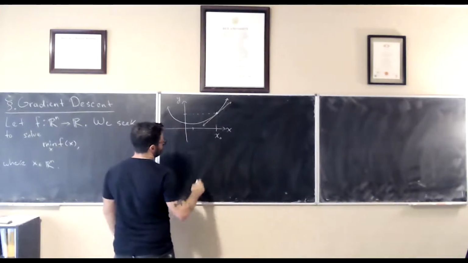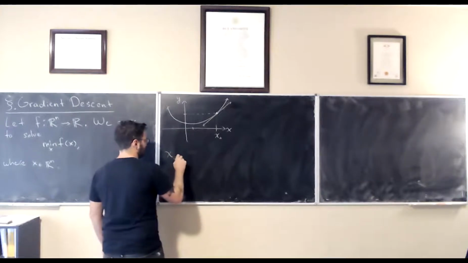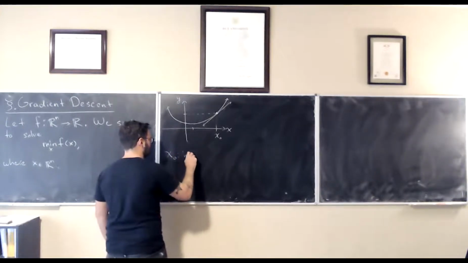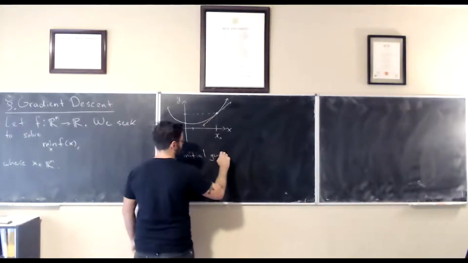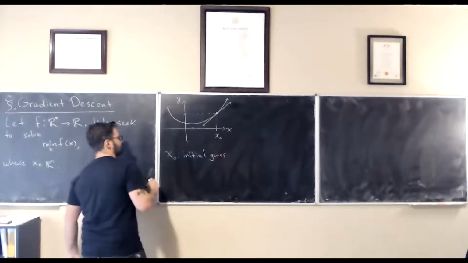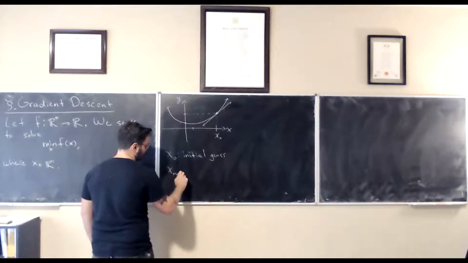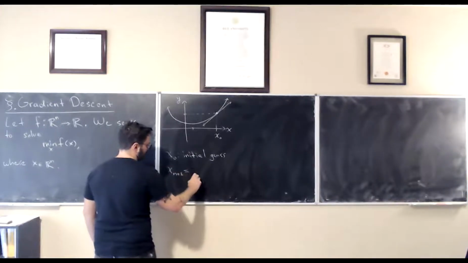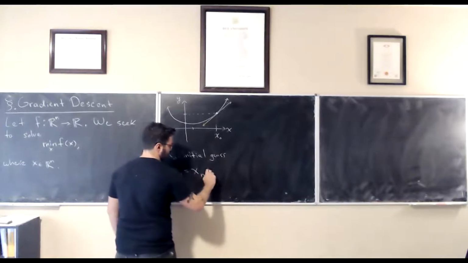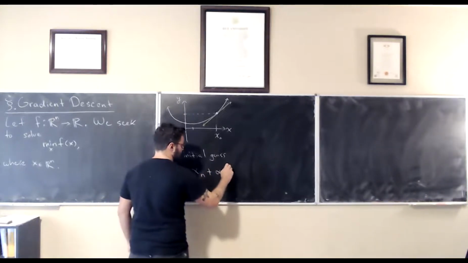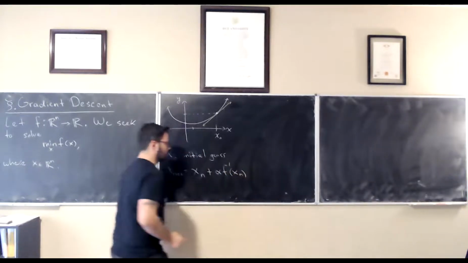So that's what we would do. We would make an initial guess here. So x naught is an initial guess. And then we would make a new guess as follows: your previous guess plus alpha times the derivative's value at your old guess.